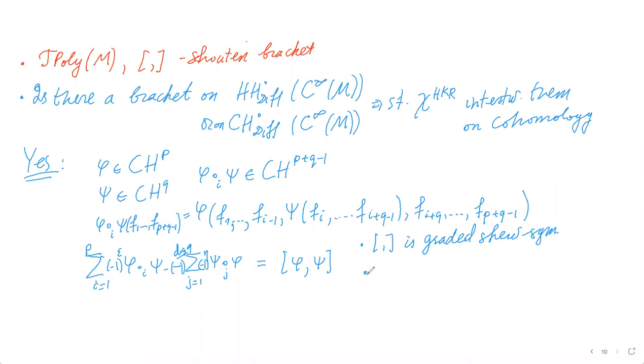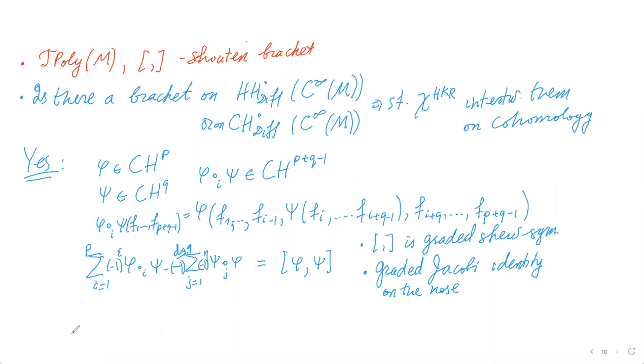But what is really surprising is that this map verifies the graded Jacobi identity on the nose. So you don't need to pass to cohomology to obtain the graded Jacobi identity here. It comes on the nose from just combinatorial considerations.